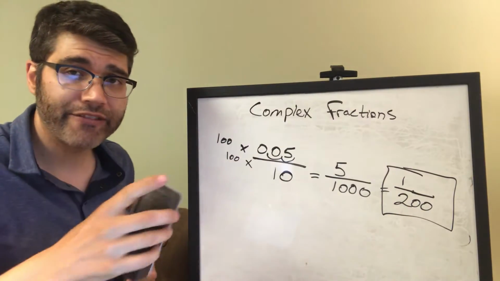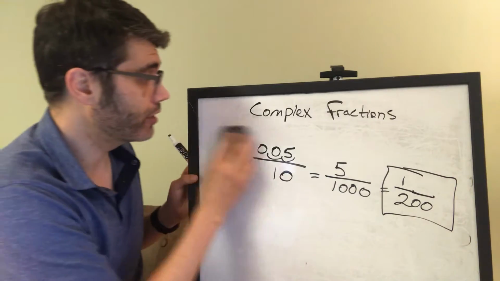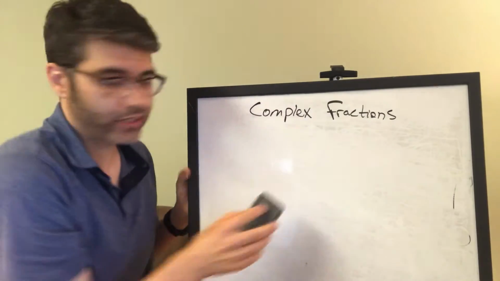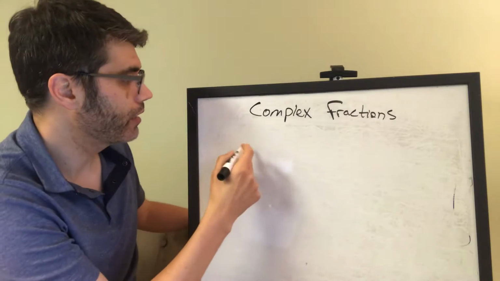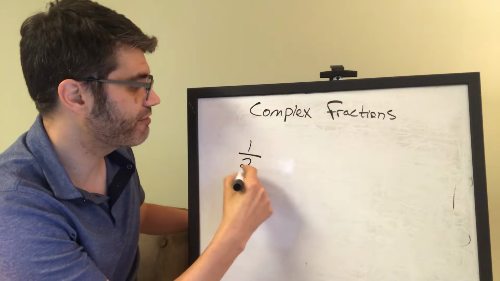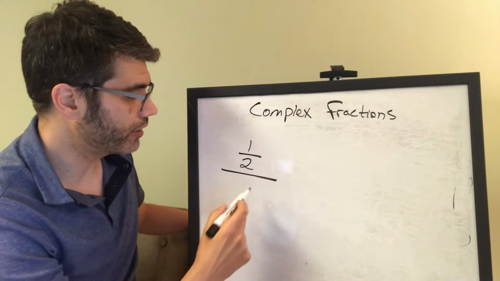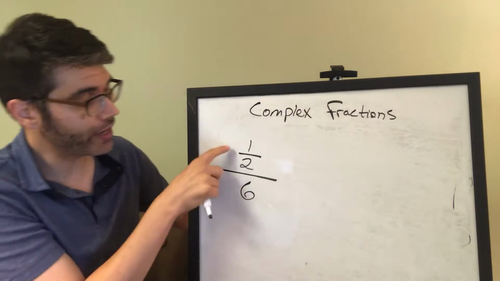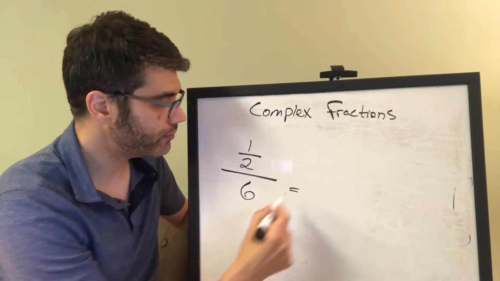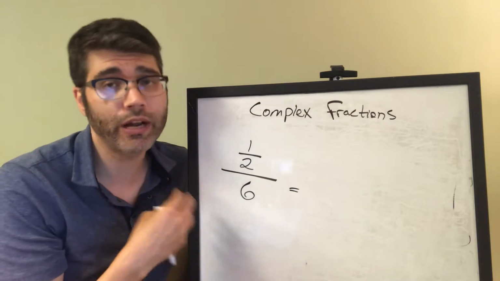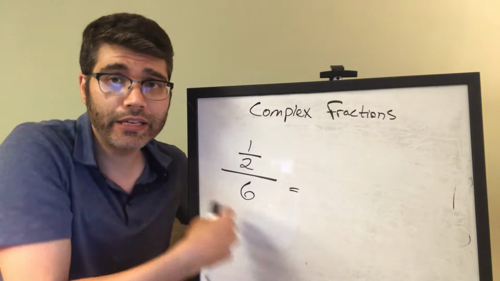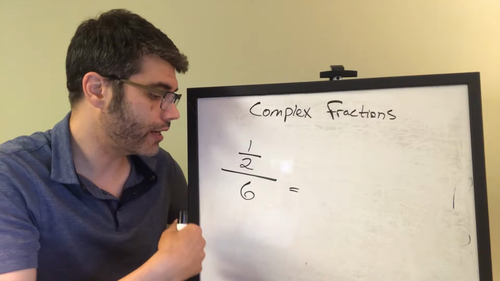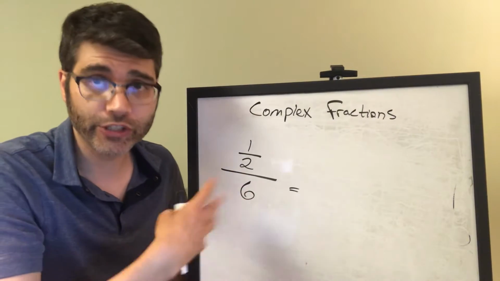If we had a fraction within a fraction, we could also get rid of that. So let's say we had 1/2 over, I don't know, 6. We had 1/2 over 6. What I would do is turn this into an actual operations problem.